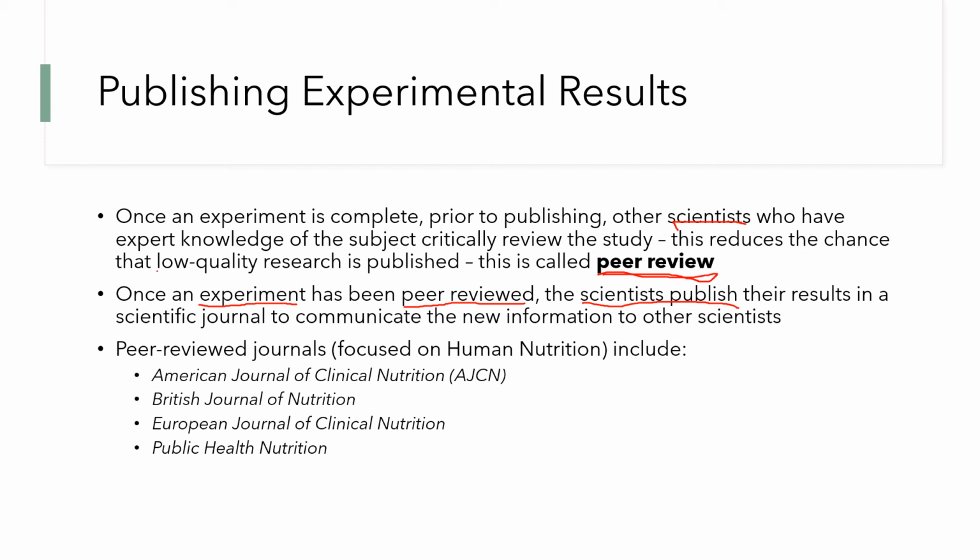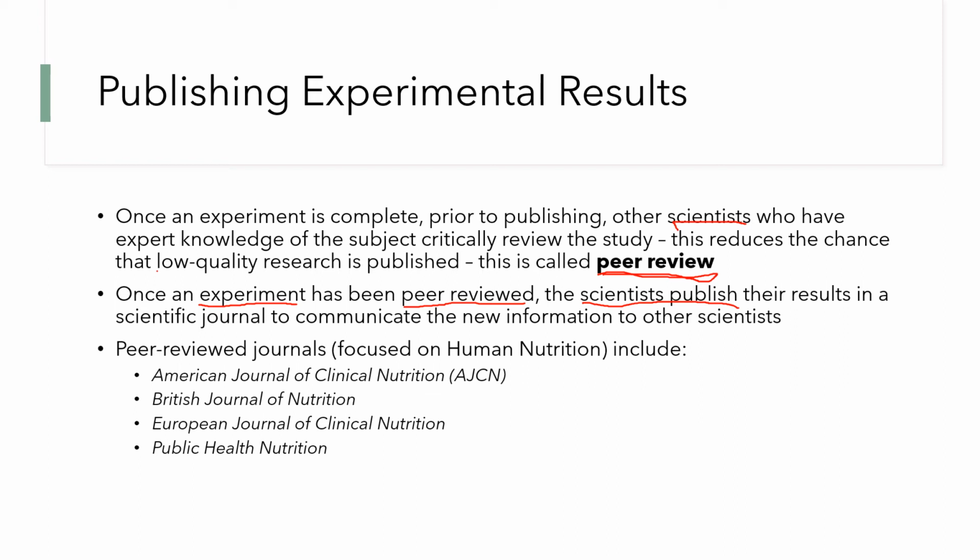So in the world of human nutrition, this is, again, a short list, but some peer-reviewed scientific journals that are very reputable in the field of human nutrition: we have the American Journal of Clinical Nutrition, the British Journal of Nutrition, the European Journal of Clinical Nutrition, and Public Health Nutrition. Again, this is a very short list.